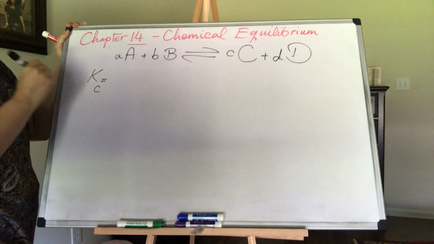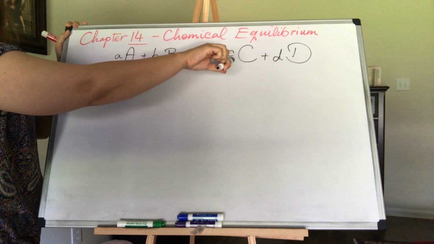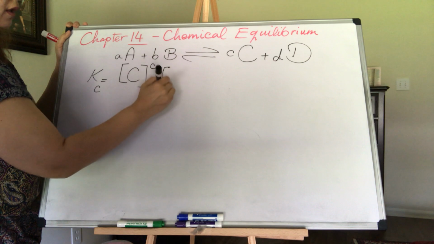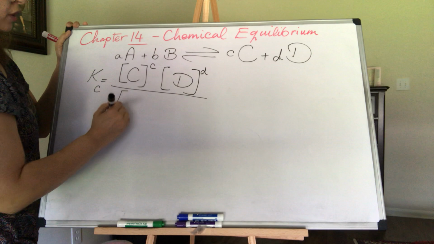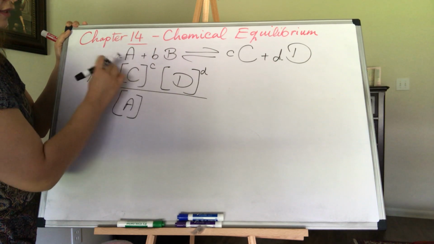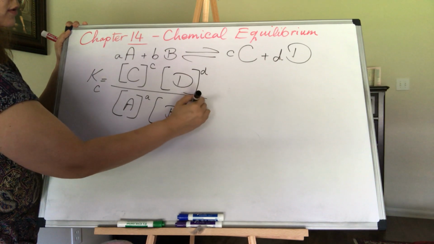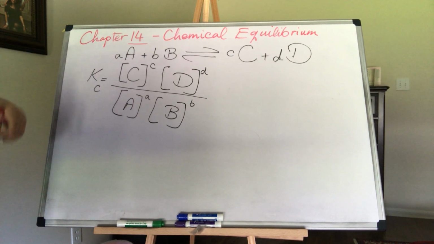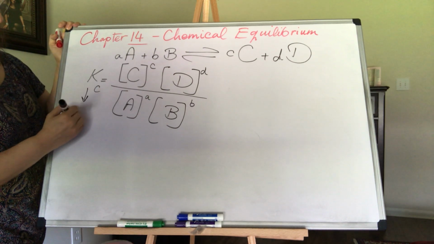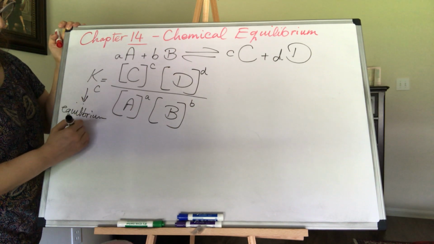The equilibrium constant is the molar concentration of products to the power of their coefficients over the molar concentration of the reactants to the power of their coefficients. So this is what you use to determine the equilibrium constant, which is called Kc.